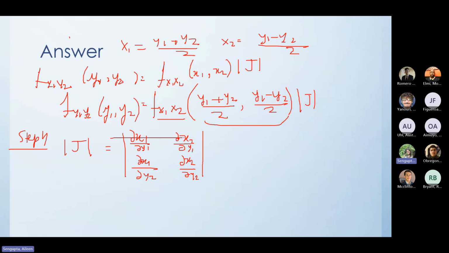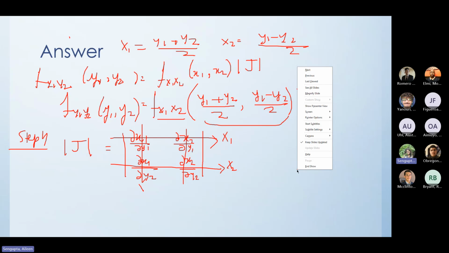Anything that sits on your vertical axis, these are your variables that you already have. Anything that sits on your horizontal axis is the variables that you need. Oops, sorry, no, my bad, I said the exact opposite.